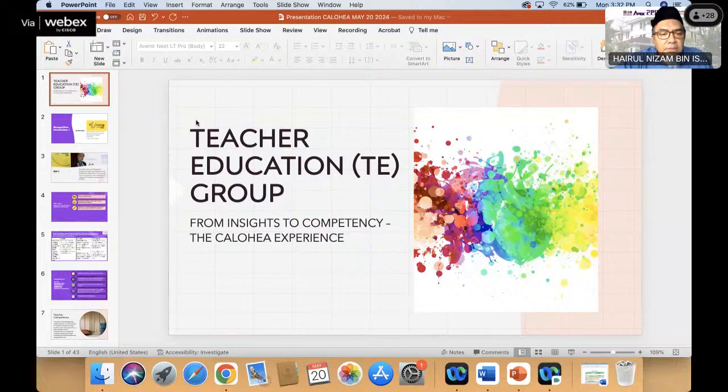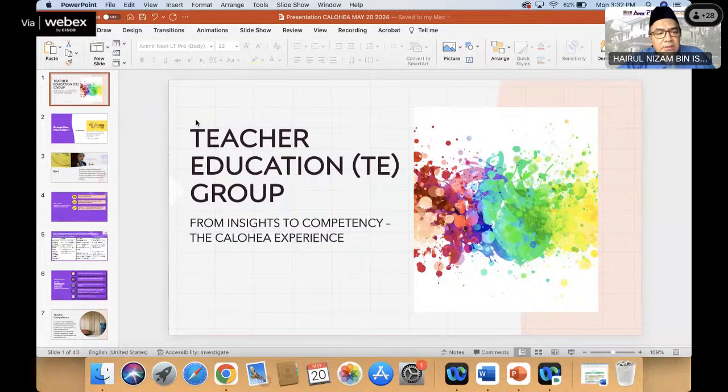So thank you very much, Prof. Tasya, for defining some of the terms that need to be introduced, so that those who are not involved in the CALOHEA program, who may not be familiar with some of the terms, can follow.